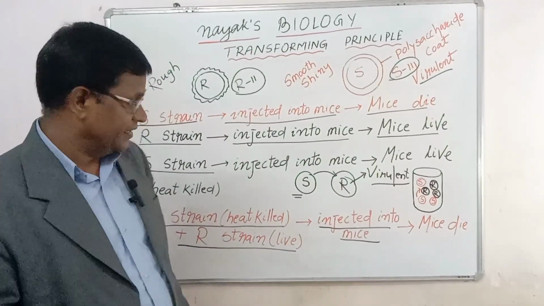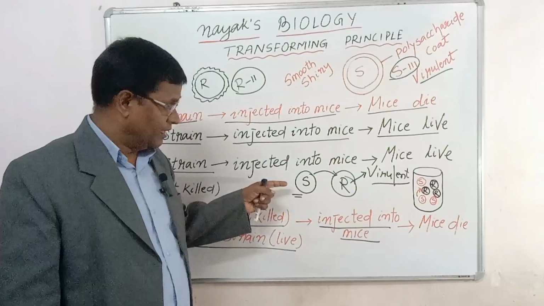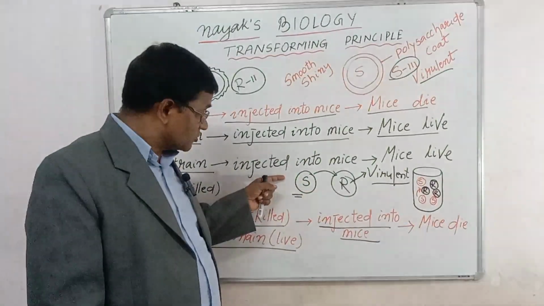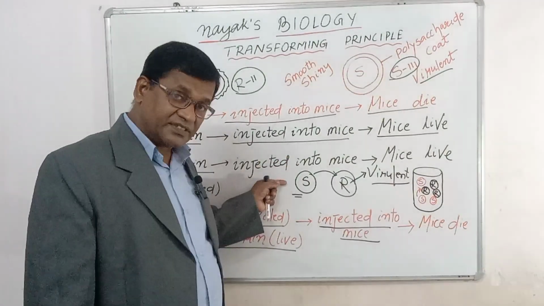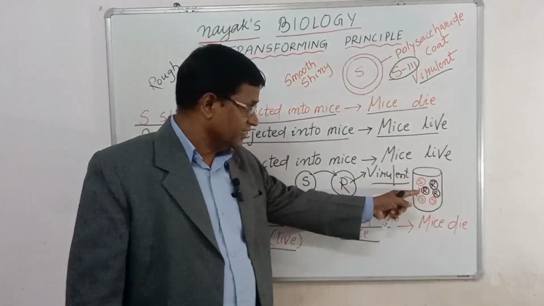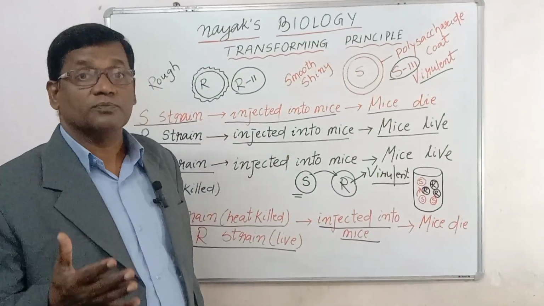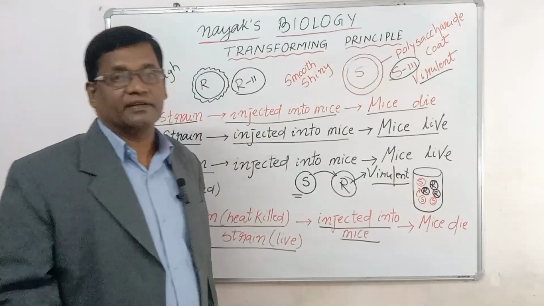The same thing happened here. The S strain is a pathogen, a disease-causing bacteria. The R strain is not a disease-causing bacteria. When the genetic material of the S strain entered into the R strain, the R strains became virulent and able to cause pneumonia, and by this pneumonia the mice will die.